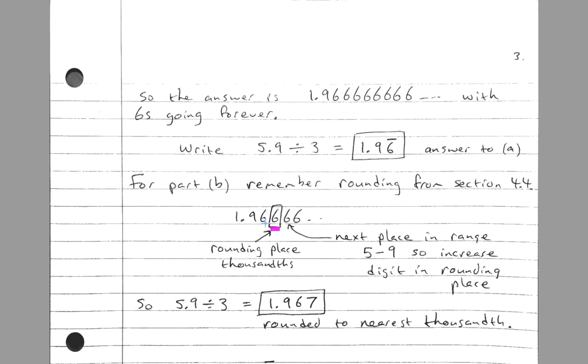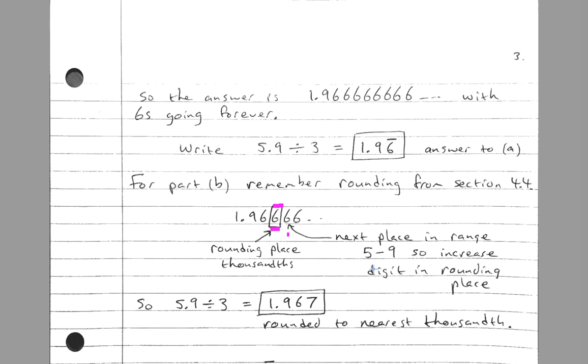Those are the tenths, then hundredths, then thousandths. So this is the rounding place. And then to do the rounding, you go to the next place. Check, is it between 0 and 4? Then you leave this 6 as a 6.